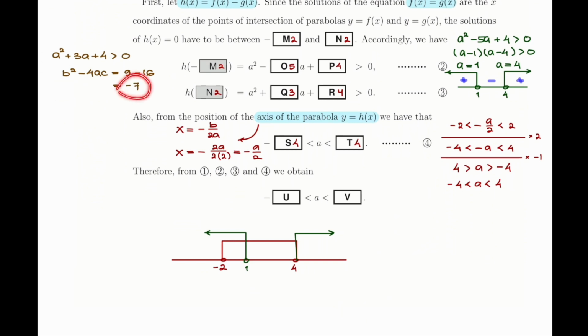Since the discriminant is less than 0 and the coefficient of a square is greater than 0, that means this quadratic expression is definite positive. If it is definite positive, that means this expression is always greater than 0. So no matter what the value of a is, you will get the result always greater than 0.